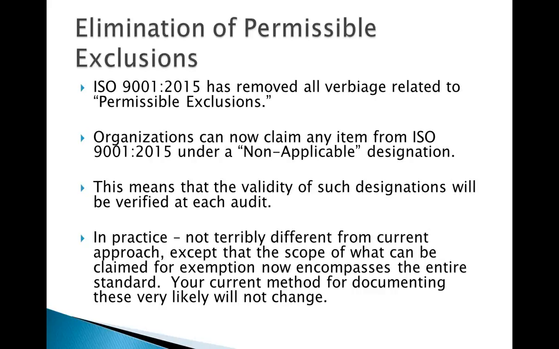But we will obviously take those into consideration as they come up. Now, in practice during the audit, the validity of those designations will be verified every time, and you will likely document your exemptions in the same way that you're currently documenting your permissible exclusions.